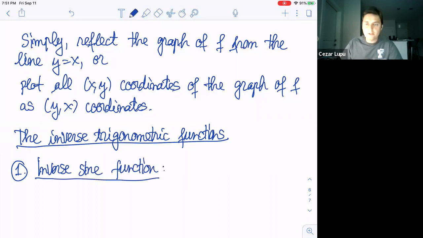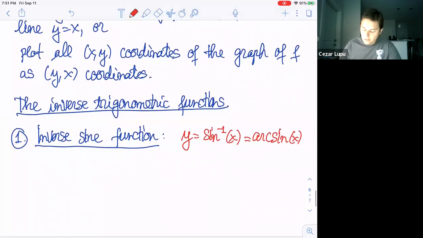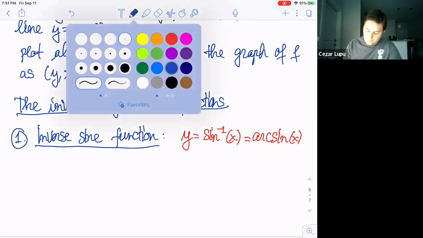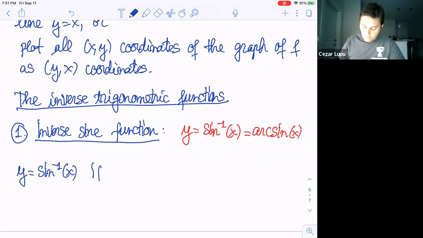It will look like this. In fact, y equals sine to the -1 of x, or you can also denote this by arc sine of x. That's the inverse if and only if x is sine of y.